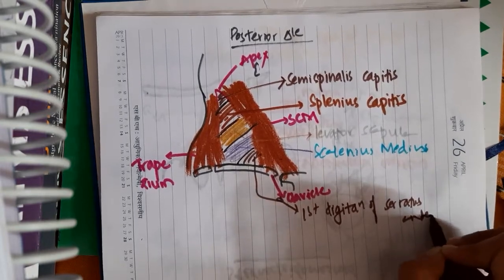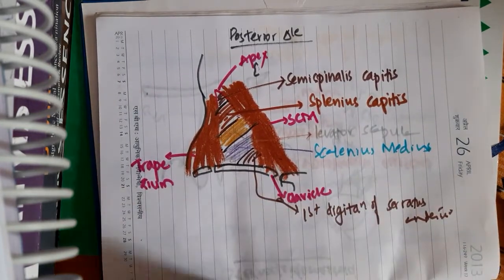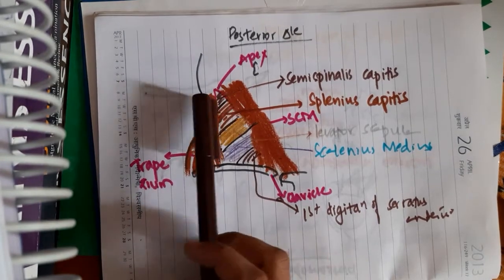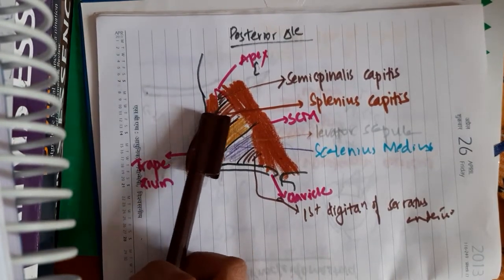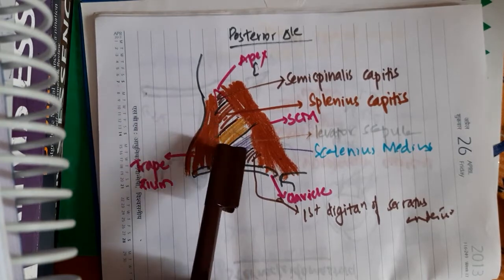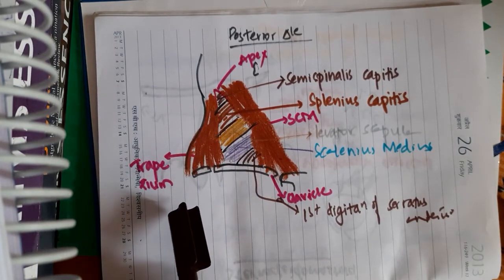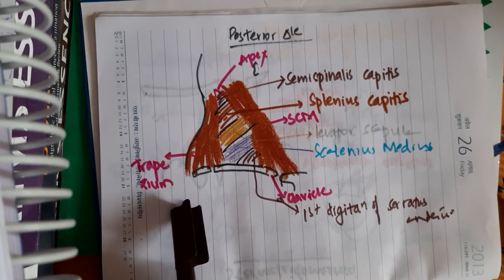So the muscles seen in the floor of the posterior triangle include semispinalis capitis, splenius capitis, levator scapulae, scalenus medius, and the first digitation of serratus anterior.